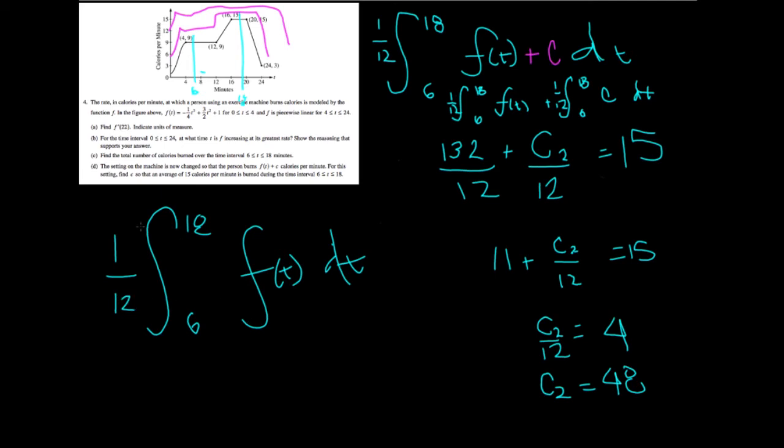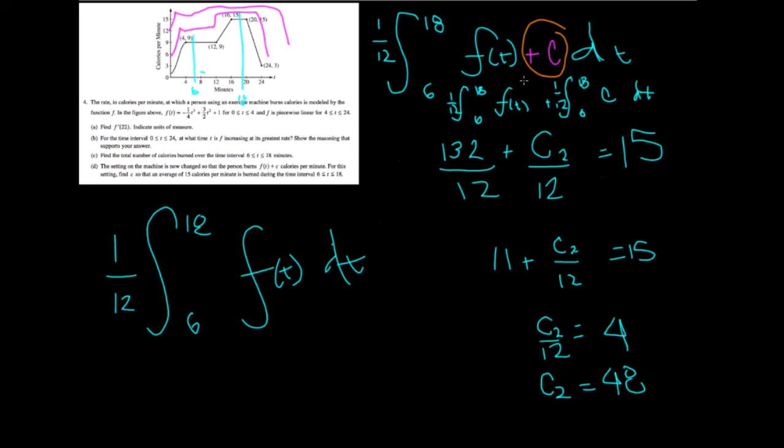So now we're going to take that and add c like we did over here. Let me do another color so that you guys can see what I'm pointing at. Let's go orange. So we added c, and then we took that 1 over 12, so the amount of time from 6 to 18, in order to get an average amount.